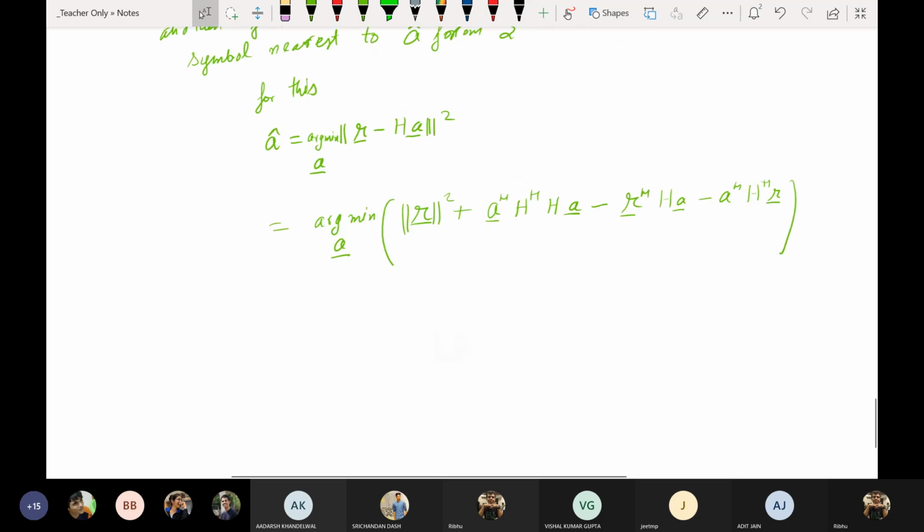This is right. Now what would we do? We have moved from a discrete space to a continuous space.